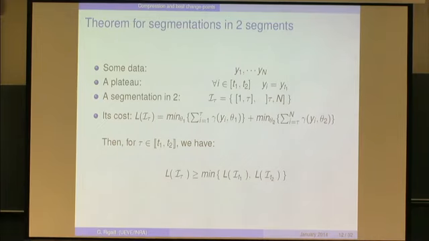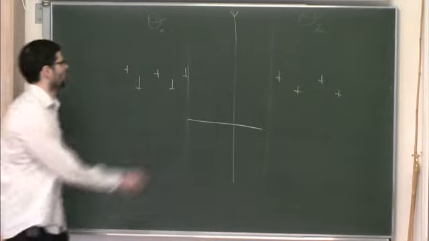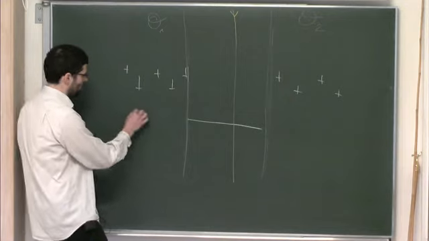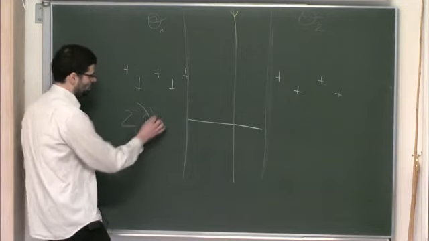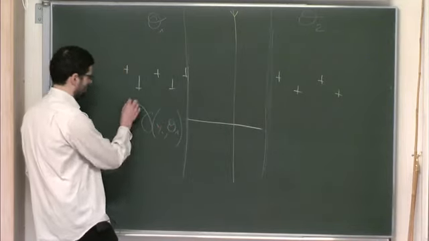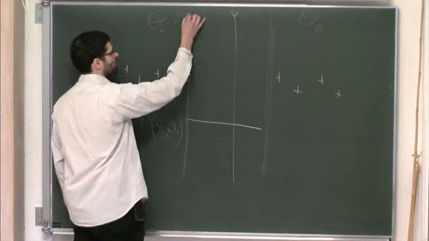So if I now consider that the value of the first segment is theta 1 and is fixed, and the value of the second segment is theta 2 and is fixed, you have three terms in your cost. You have a first part which corresponds to the cost of your data points before T1, which is here.